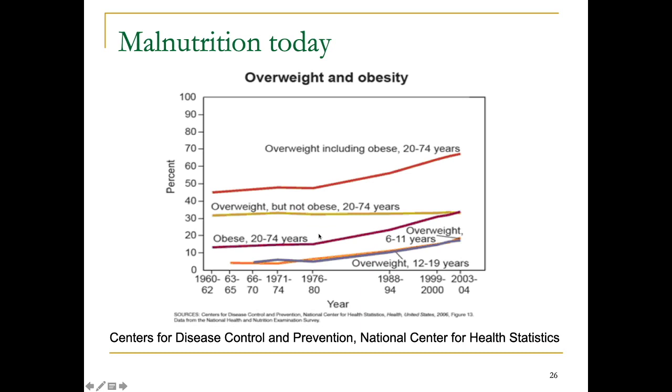But then in about 1975, you start to see the significant uptick in obesity in both children and in general in adults. Now, I looked into this because I was interested. This year here corresponds roughly to the introduction of high fructose corn syrup into the food market.